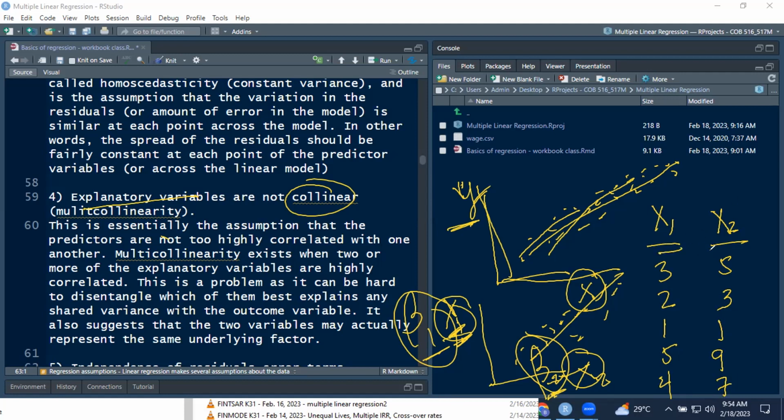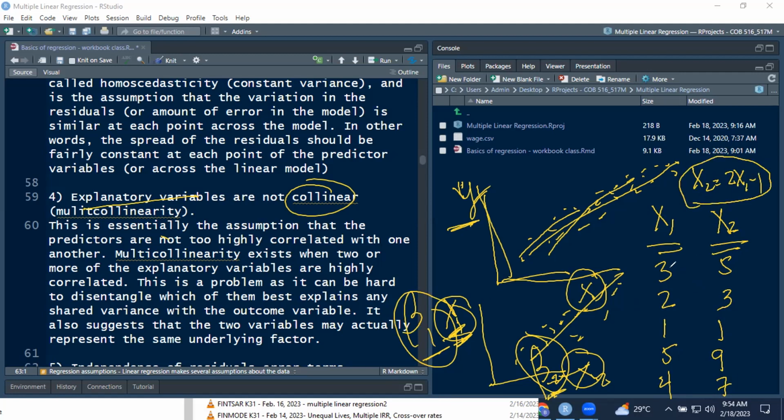These two are what we call perfectly correlated. Bakit sila perfectly correlated? Kasi x2 is derived by multiplying x1 by 2 and then subtracting 1. So in other words, x2 is equal to twice x1 minus 1. So ito yung perfect relationship nila.